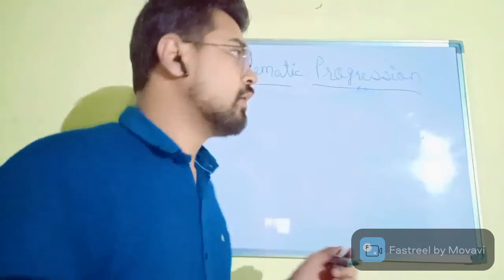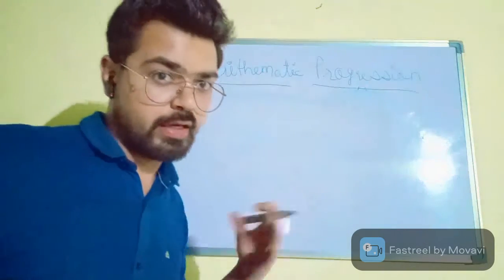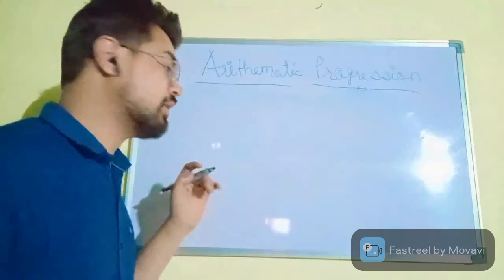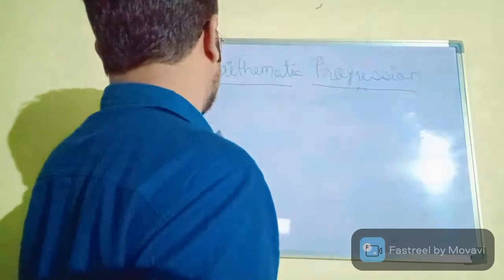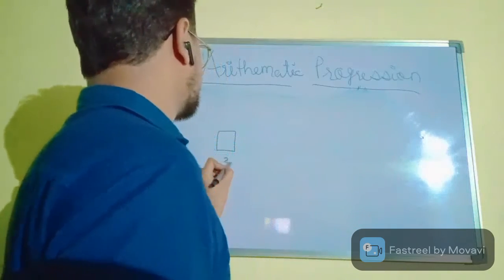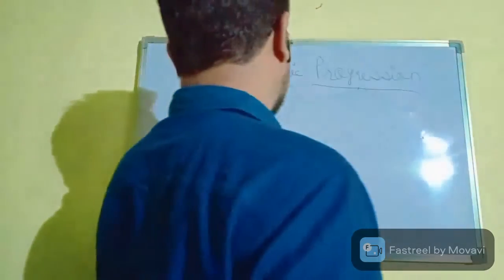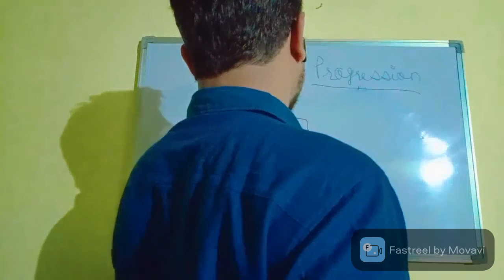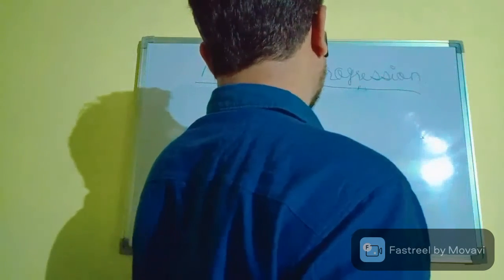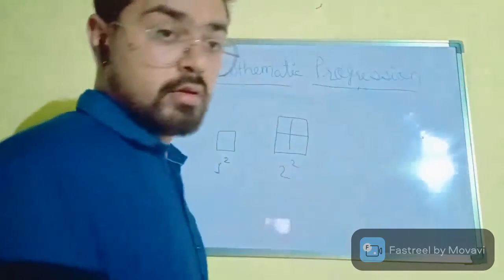I already gave you an example of the piggy bank. Now I am taking another example. If we have a square, it can be written as 1 square. Then I increase the vertical and horizontal lines in it, and now it becomes 2 square.